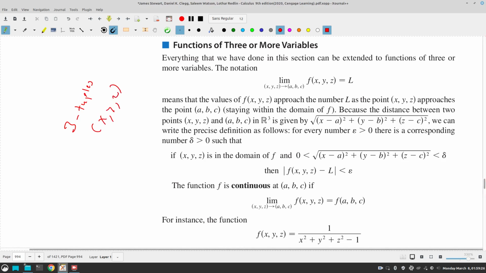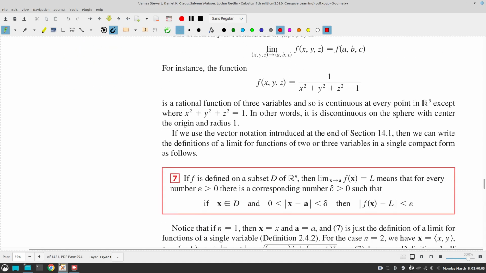Again, ordered means that the order x, y, and z matters. (1, 2, 3) is not the same as (2, 3, 1) or (3, 2, 1). So as (x, y, z) goes to (a, b, c), this means that if the distance from (x, y, z) to (a, b, c) is less than delta, this implies that the distance between f and its limit is less than epsilon. Again, continuity is defined analogously: the limit as (x, y, z) goes to (a, b, c) of f(x, y, z) is equal to f(a, b, c).